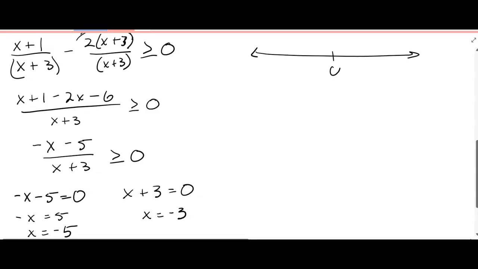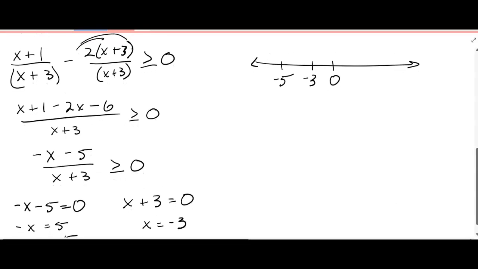Okay, so I'm going to go ahead and see if I can just squeeze it on here. Here's my number line, here's 0, and I've said negative 5 is a boundary point, and, oh, negative 3 is the other boundary point. I was thinking one of them was going to be positive. Okay, now, what about the solid dotted line thing? Well, look at what you have here. This is the expression we're going to use, the inequality we're going to use for our test points.